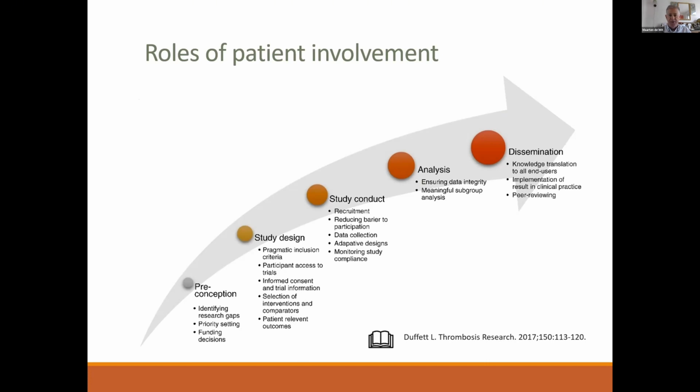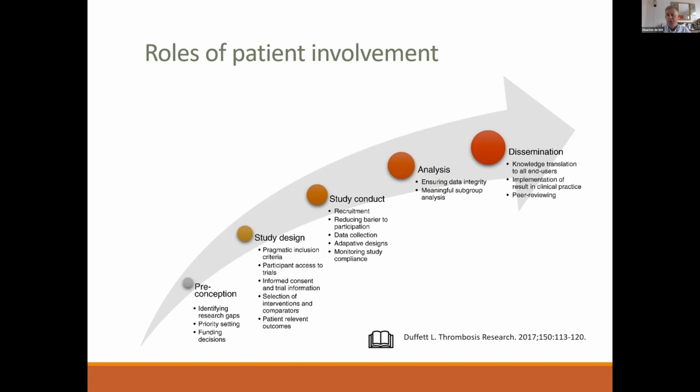When it comes to the study design, you see all kinds of different aspects that patients can advise on and help you. And just as an example, patients can help choosing the right outcomes that should be involved in the study. Study conduct, normally a phase where we expect patients to make a step back.